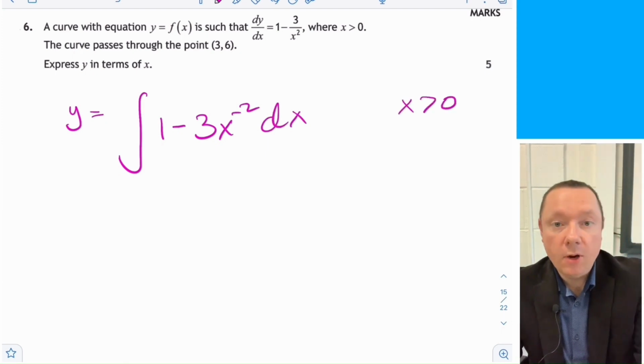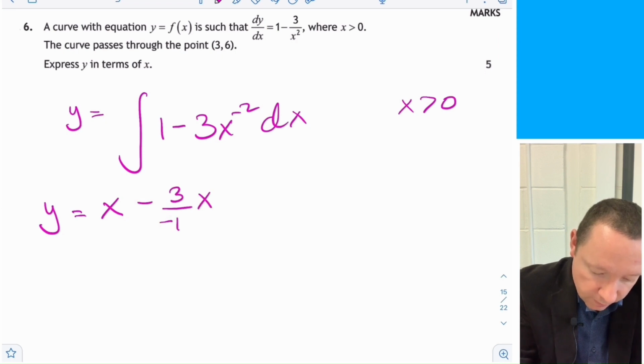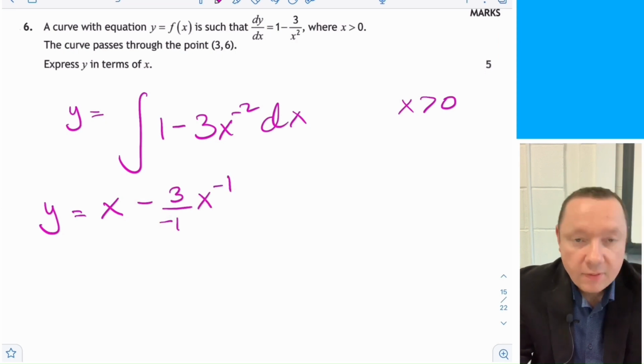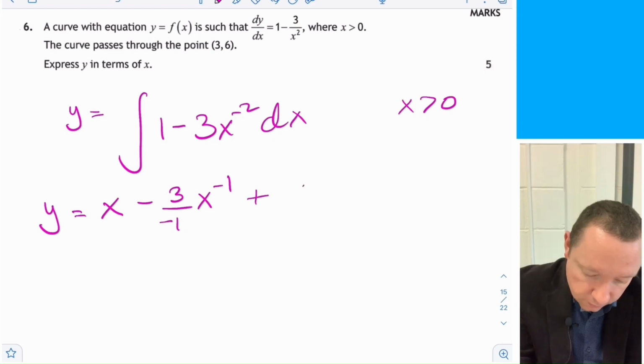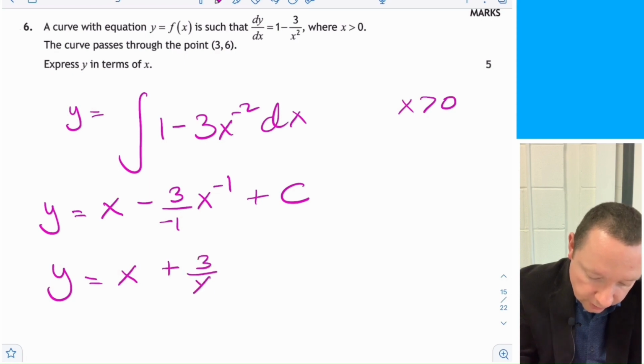So we add 1 to the power and divide by the new power, so that means that y equals x minus 3 over minus 1, x to the minus 1, but then we've got plus c. So tidy that up, y equals x plus 3 over x plus c.